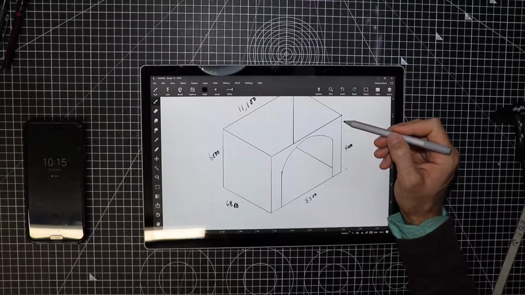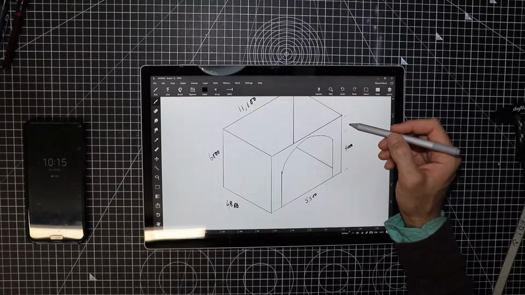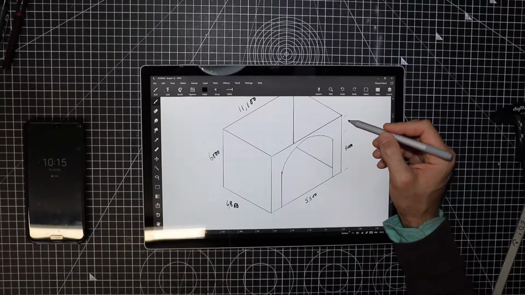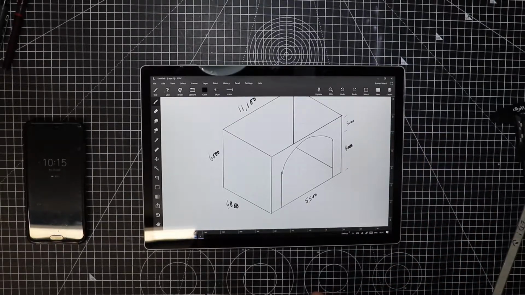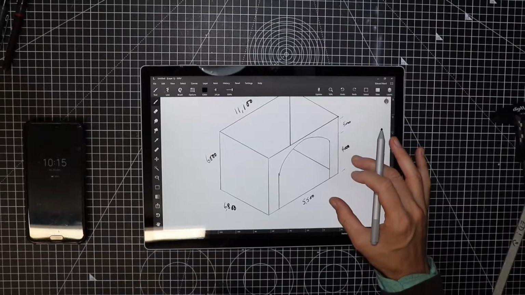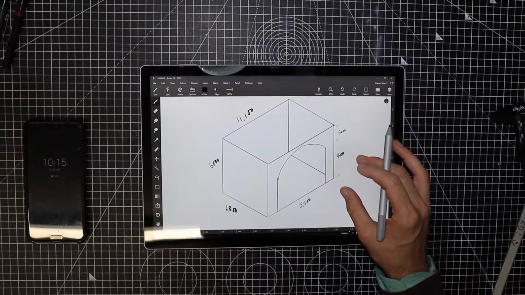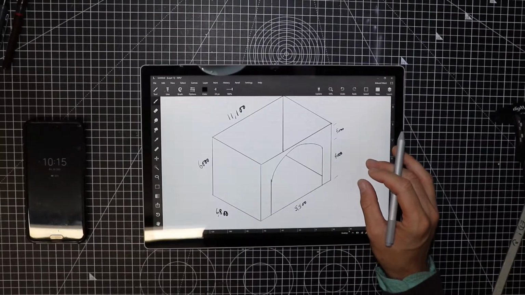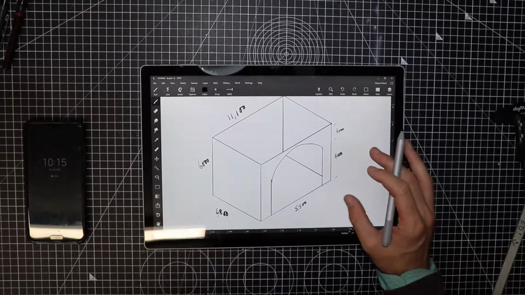And then the top of the archway is 5,000 as per the CAD drawing. Okay, so I think this is a little bit different to how things are visualised in the real world, so you do have a bit of artistic license to interpret that how you wish.